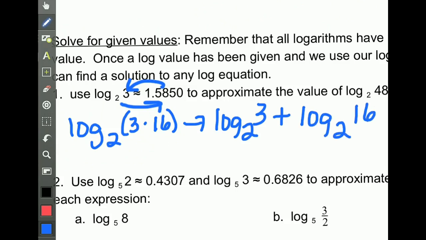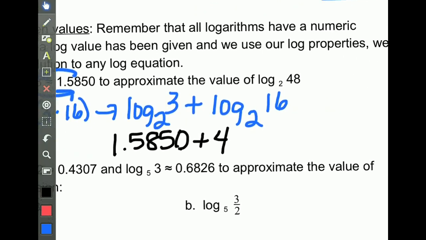Both of these logs have actual values. Okay, so they're telling us this approximate value is 1.5850. And then tell me what the value of log base 2 of 16 is. That value is 4. 2 to the 4th power gives us 16.